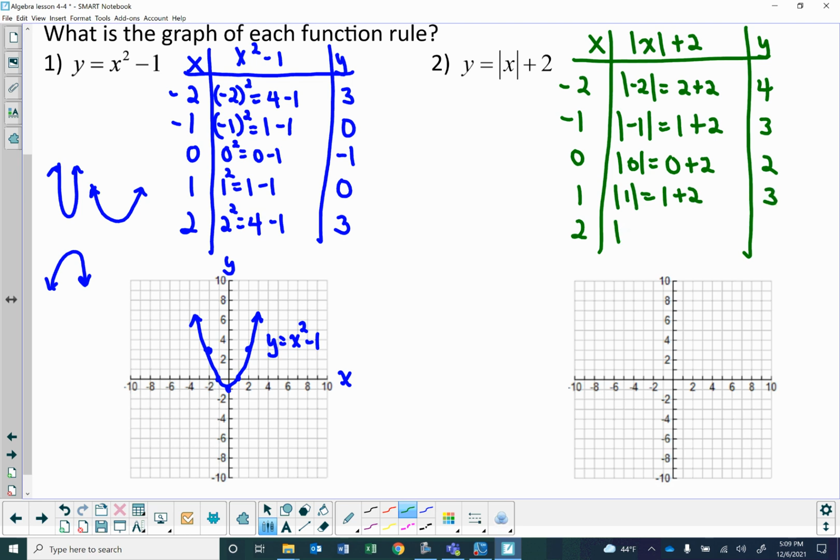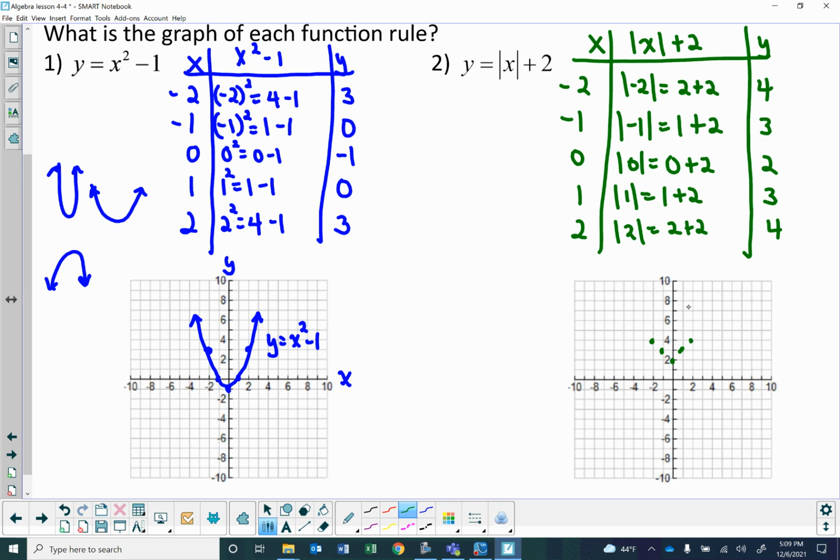And the absolute value of 2 is 2, plus 2 is 4. So we're going to graph these points. -2, 4 is here. -1, 3 is here. 0, 2 is here. 1, 3 goes there. And 2, 4 goes here.